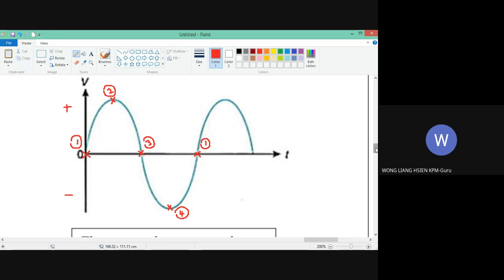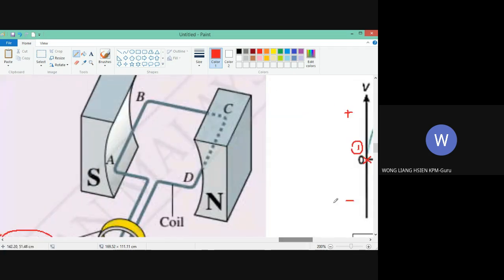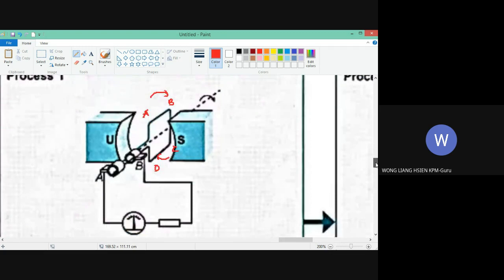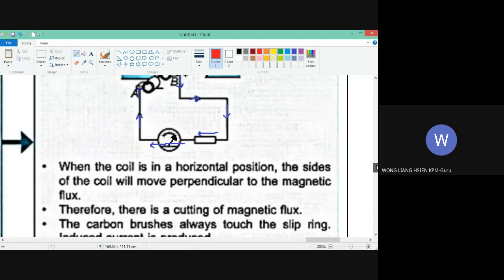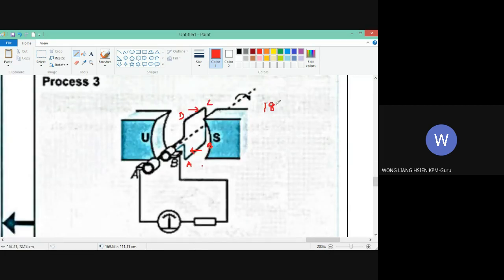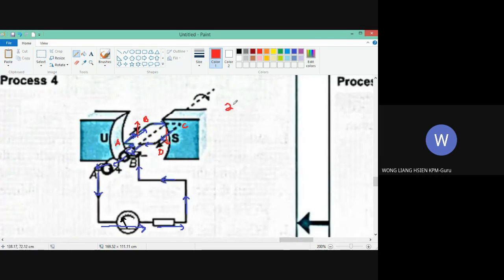If we look at the angle of rotation, let's say this is the starting position, so 0 degree. This is 90 degree rotation. This is 180 degree rotation. This is 270 degree rotation.